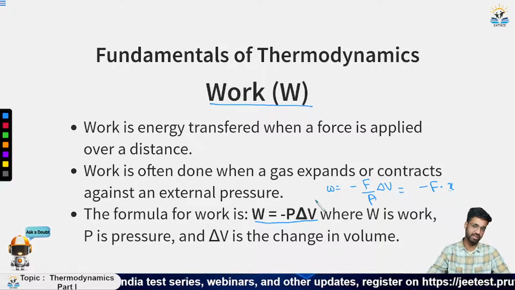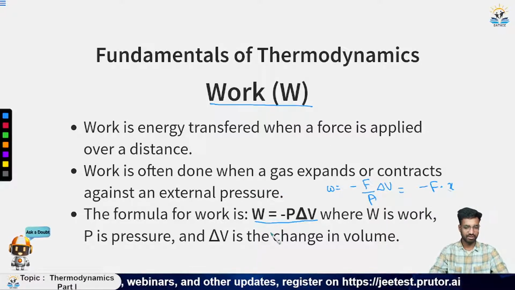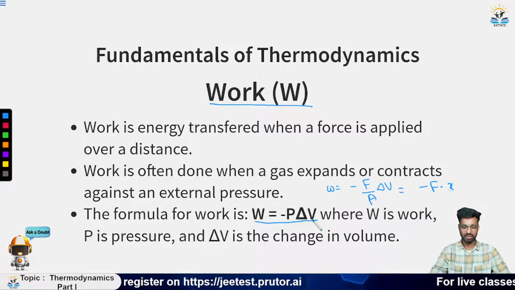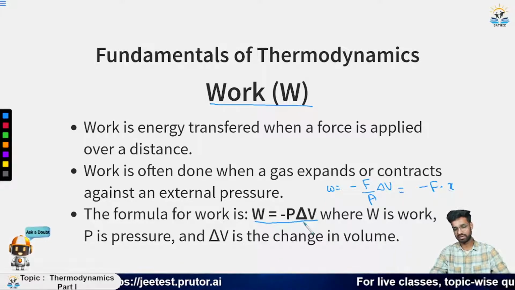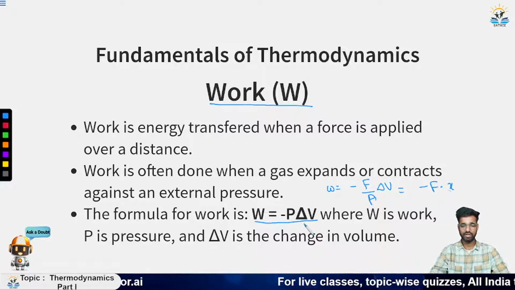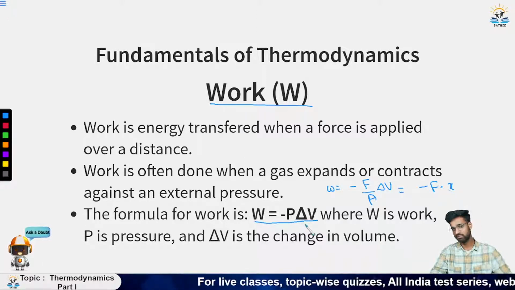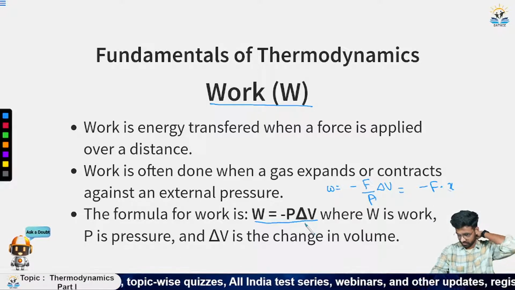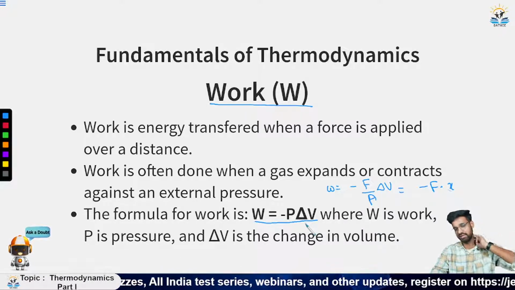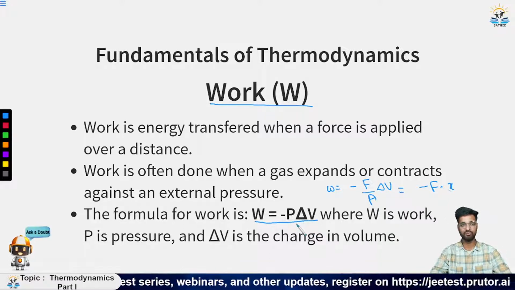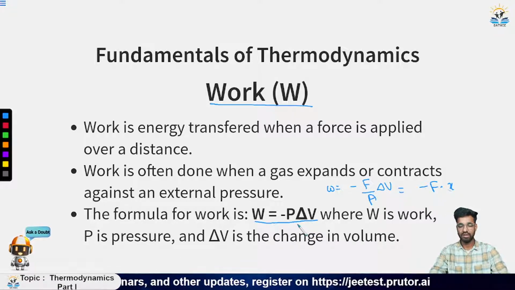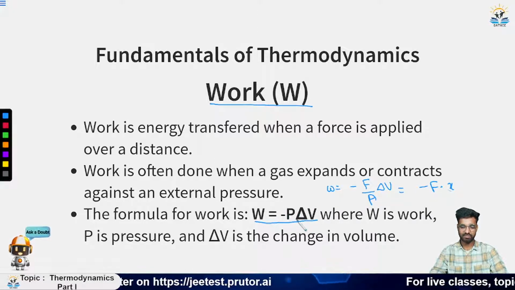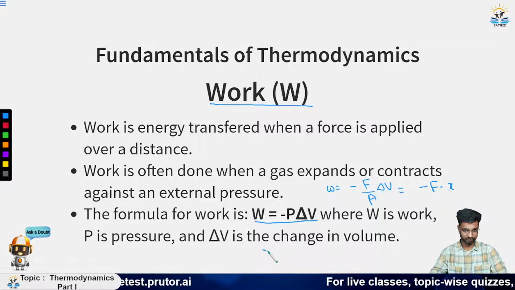It is just used to keep the sign convention correct. Suppose we are applying force on the system and compressing it. Now we are doing work on the system, so the work done should be positive. But since the final volume is less and the initial is more, final minus initial will be negative. Since we have done work on the system, it should be positive, and to keep that convention correct we have used the negative sign. So minus minus gives the plus of work done.